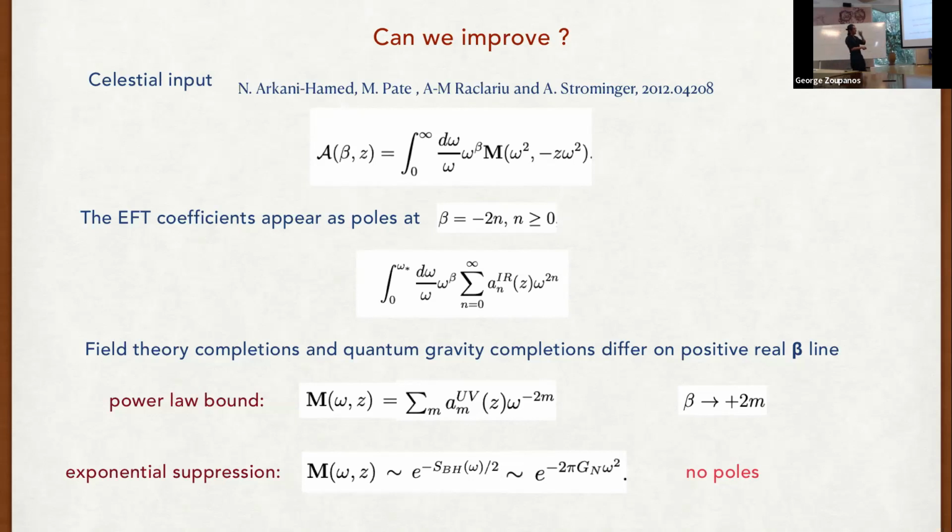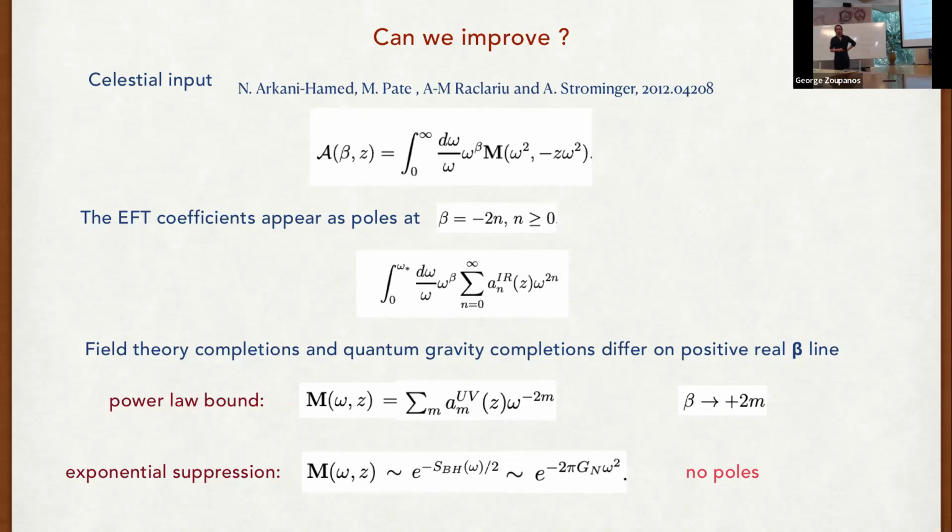Then when you have an EFT amplitude, you can extract the EFT coefficients at beta equals -2 here. And then you'll see a bunch of poles, because at low energy in terms of omega, it's going to be polynomials. That means this integral is going to pick up poles at negative values.